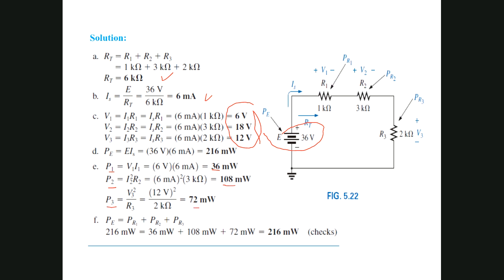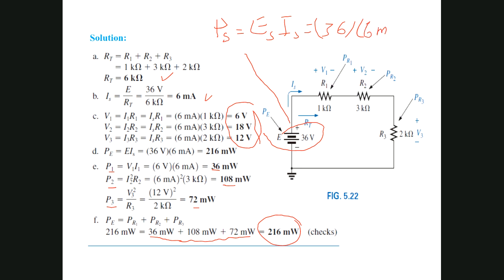Add them together and you get the total power. How much is the total power from the source? The source power is E source times I source. What is E source? 36. What is I source? 6 milliamp. Multiply this one by this one, you will get 216 milliwatt.